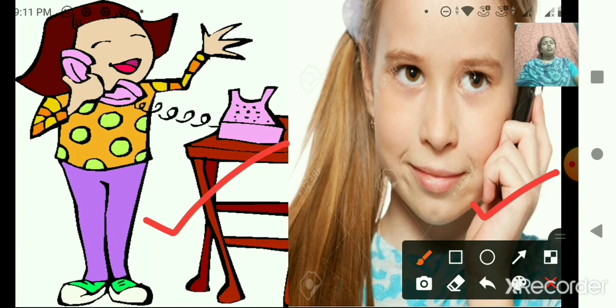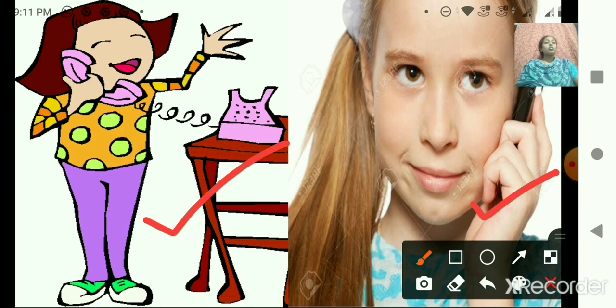So we can say that they may be sharing their views, their ideas, information, experiences, knowledge, etc. Here one is giving the information and the other one is receiving.